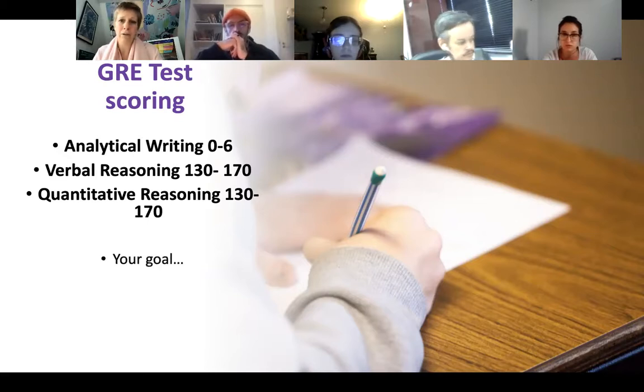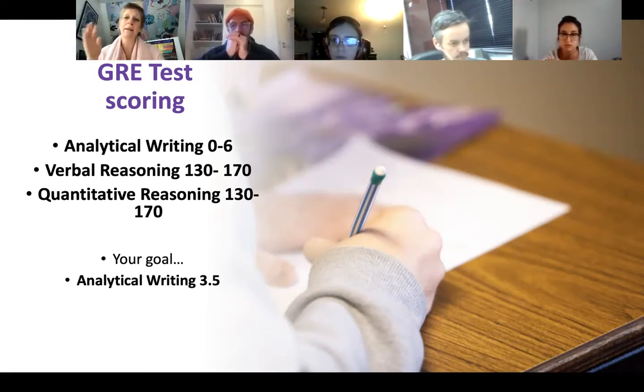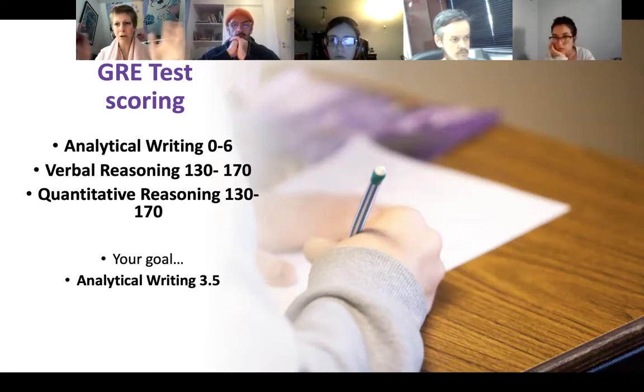Your goal is to try to get around a 3.5 or higher with the analytical writing. Most graduate students score between 3 and 6 for the analytical writing. I'm just giving you that as kind of a parameter or a way to think about where you're headed when you're doing your analytical writing, okay?